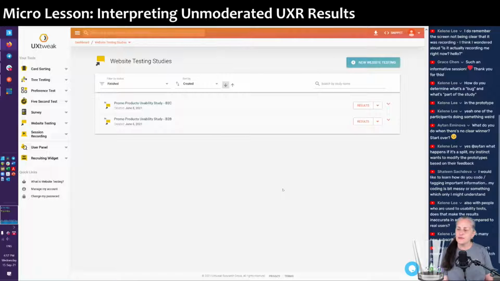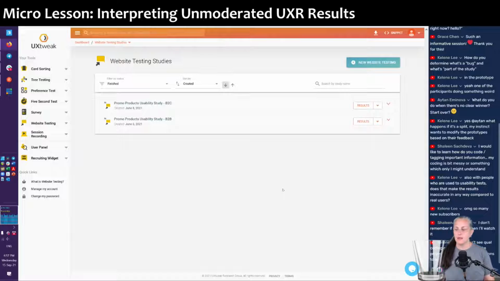Somebody tell me if I already did that in micro lessons about coding and tagging. I thought we had when we talked about Dovetail, but you tell me. So I'm going to move on, but these are great questions. Keep them coming. Kayleen says, I don't see qual coding on DCX. During our fake project, we went from observations to affinity diagram. Okay, I'll make a note of that. Coding, tagging, I really feel like we did that.